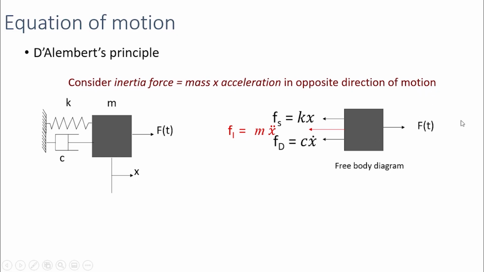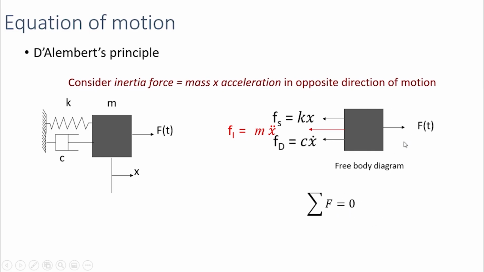The force is in this direction, so our motion is also towards the right. So our inertia force needs to be applied in the opposite direction, that is leftwards, and that is equal to mx double dot. Now this body is in equilibrium, so we can treat it as a body in equilibrium.